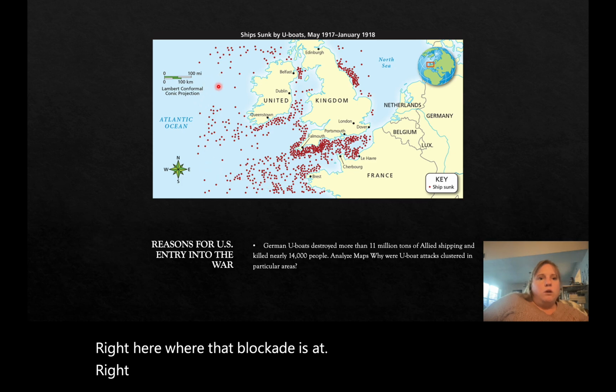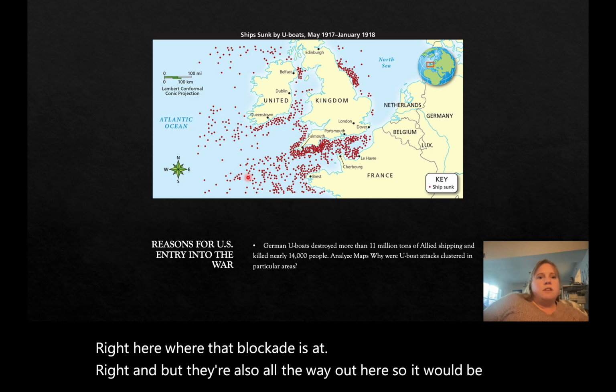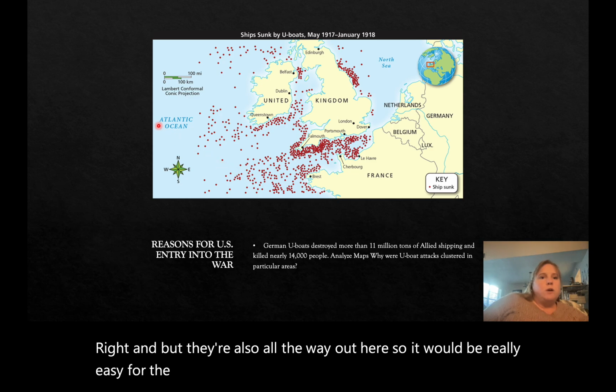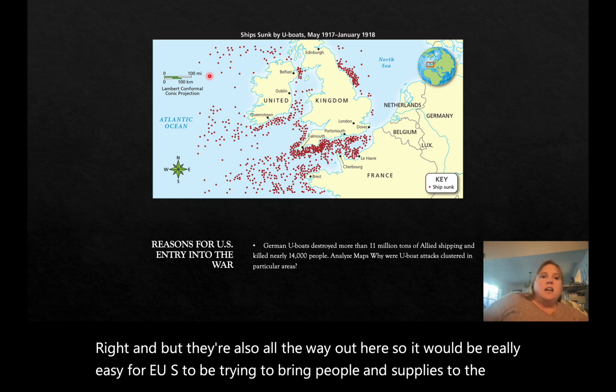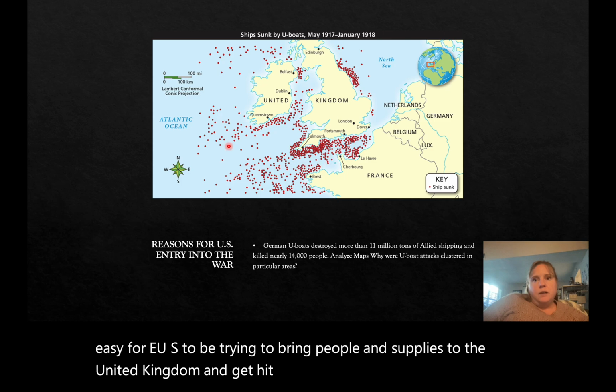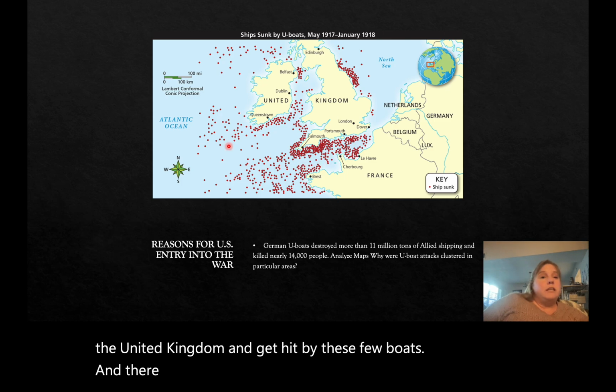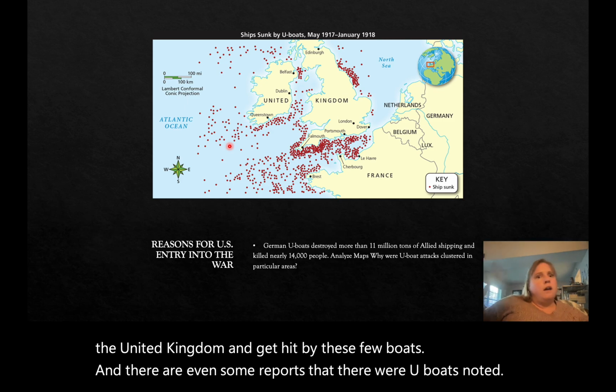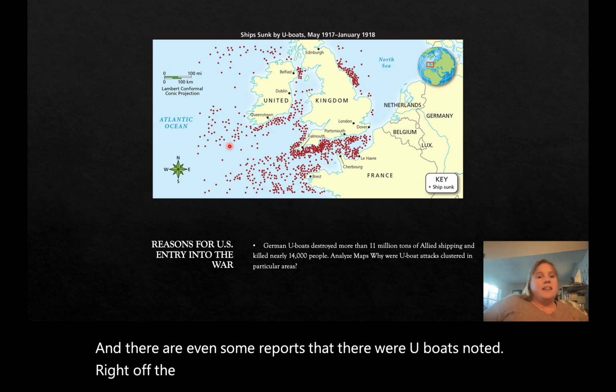But they're also all the way out here. So it would be really easy for the U.S. to be trying to bring people and supplies to the United Kingdom and get hit by these U-boats. And there are even some reports that there were U-boats noted right off the U.S. coast. They made it pretty far over.